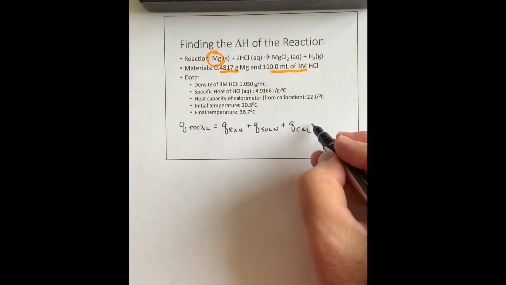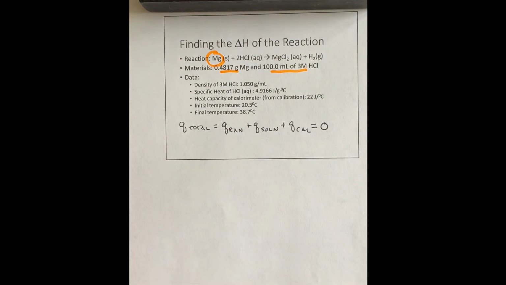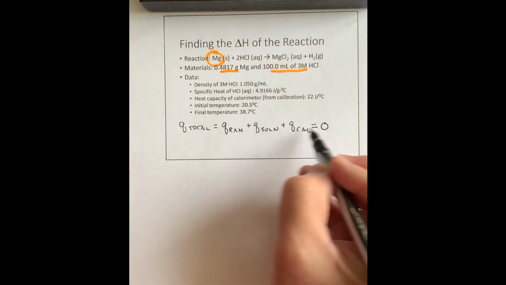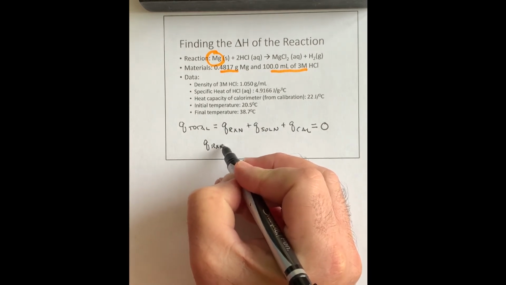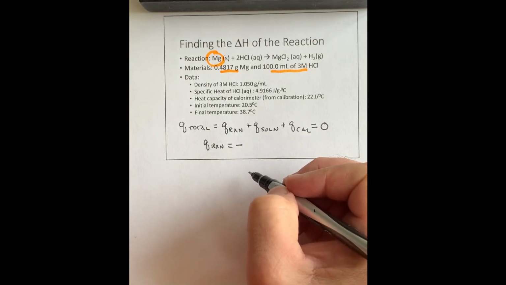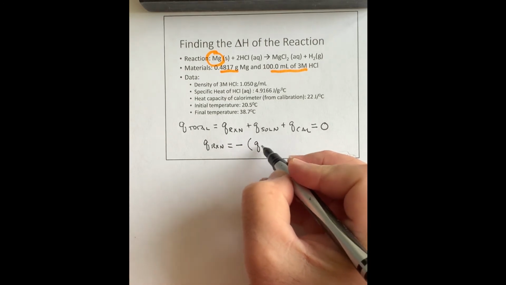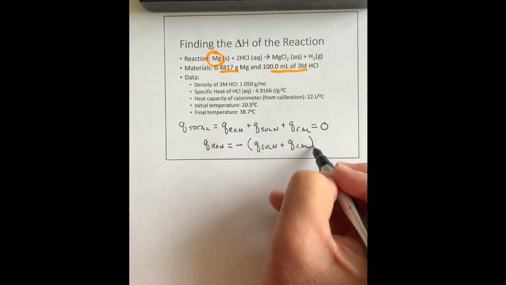And we said that according to the law of conservation of energy, everything that happens inside the calorimeter stays in there, so there is no net exchange of heat energy all throughout. So we are going to use this to solve for the heat of our reaction, and that'll be minus the heat of the solution plus the heat of the calorimeter.